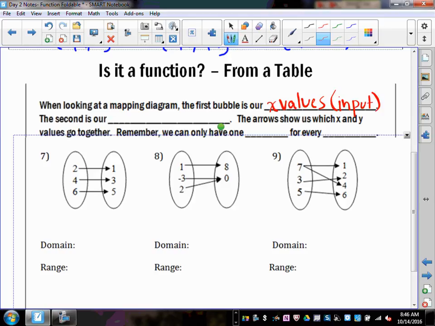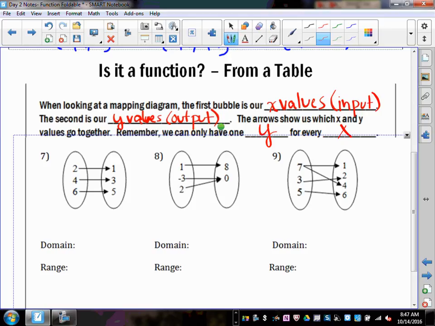Y value. Good. And what are your Y values called? Output. The arrows show us which X and Y go together. Remember, we can have only one Y for every X. There must be one and only one Y.